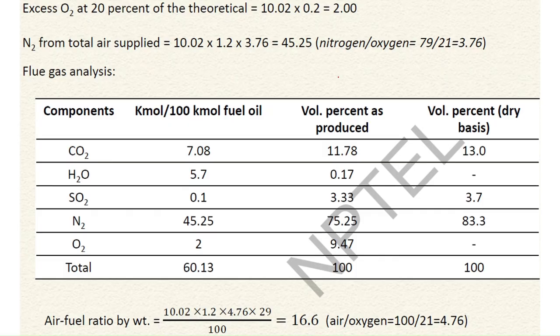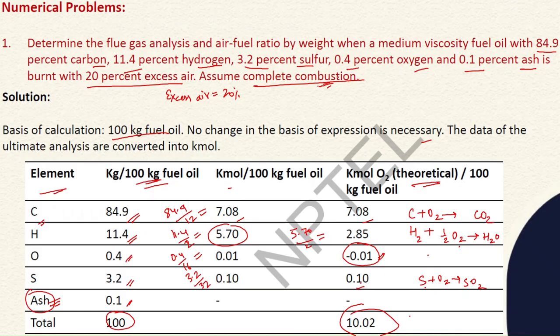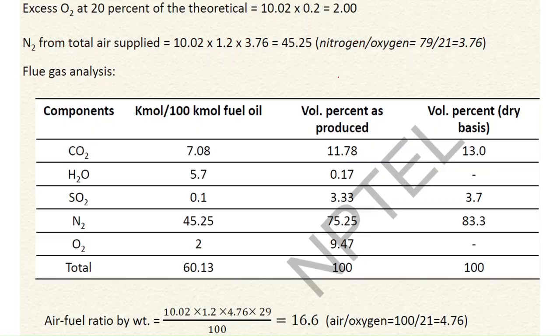Coming to the excess oxygen, we are given 20% excess oxygen. This is the theoretical oxygen, so what is the amount of excess oxygen? Moles of excess oxygen is 10.02 into 0.2, that is 20%, which gives 2 moles of oxygen. Since air is supplied, it will also contain 79% nitrogen.